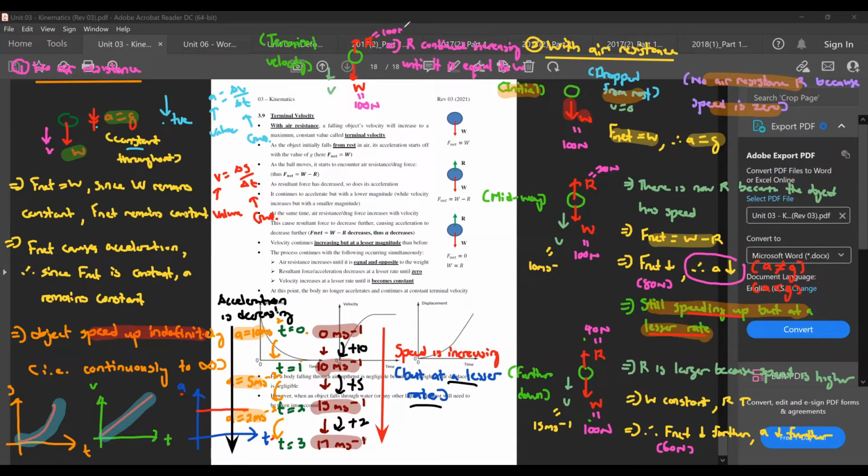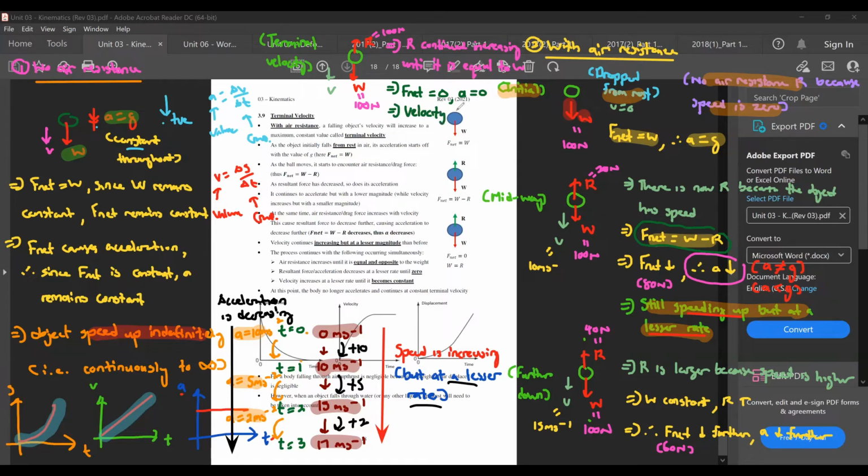Now from here, I can make a conclusion. My Fnet would actually now be 0. Originally Fnet was supposed to be W minus R. But if now the R is equal and opposite to my weight, my Fnet is 0. So my Fnet is 0, my a will be 0, and because my acceleration is 0, what can I say about my velocity?